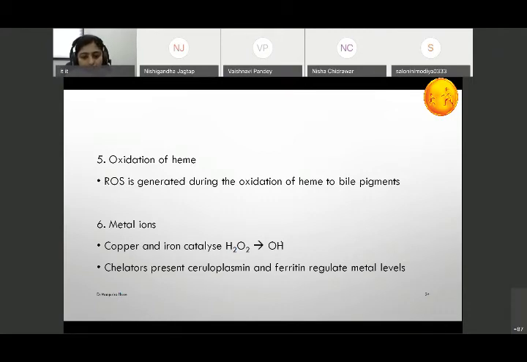This reaction we have seen earlier also in superoxide dismutase. Iron and copper are the metals which favor formation of hydroxyl radical. So in our body, chelators like ceruloplasmin and ferritin are there, which are kept there so that they can control or regulate these metal ions, so that more and more free radicals are not formed.